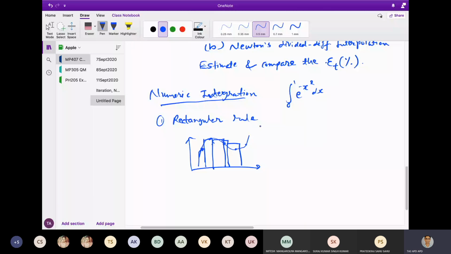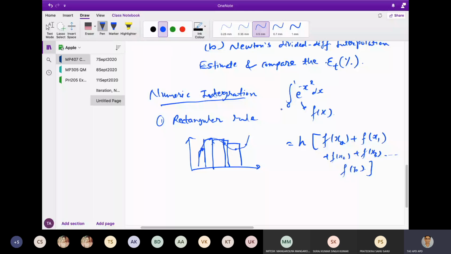So taking this as a function f of x, you take the step h multiplied by the sum over the sub-intervals: f of x0 plus f of x1 plus f of x2 plus f of x3, up to f of the last point, which is, let's say, b.